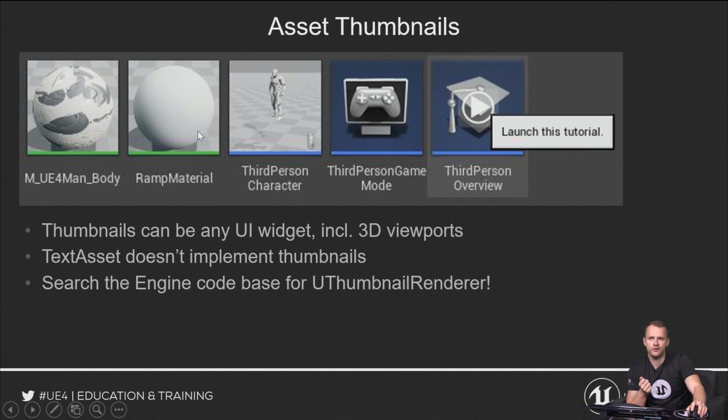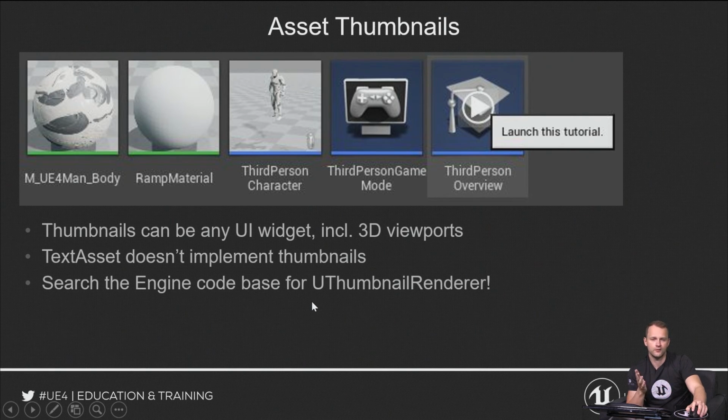One other thing that I haven't talked about is how to put thumbnails into our asset icons. I'm actually not going to show that in this video because it's a little more involved, but it's also very straightforward. And if you're really interested, I suggest that you take a look at the existing code in UE4.